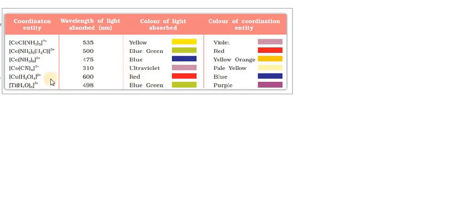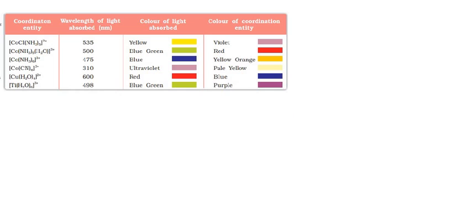Similarly, if a copper complex absorbs around 600 nanometers, that is red light, then the complex solution shows a blue color, or it appears as a blue solution. If this particular complex absorbs somewhere around blue light, 475 nanometers, it appears to be orange in color. Alright, so the complementary colors are observed.